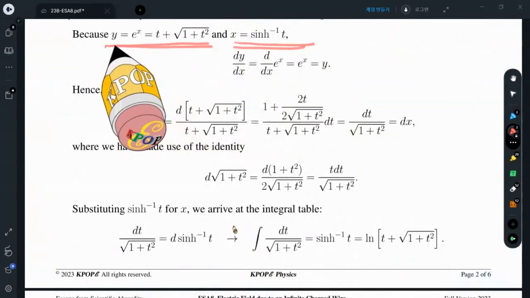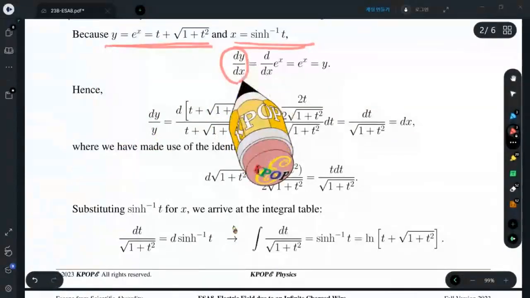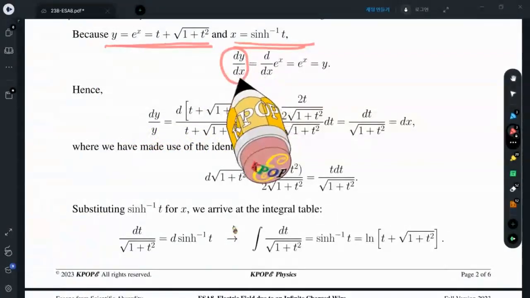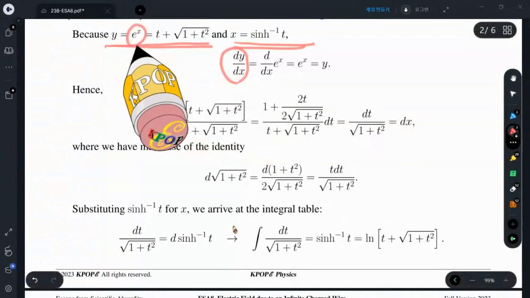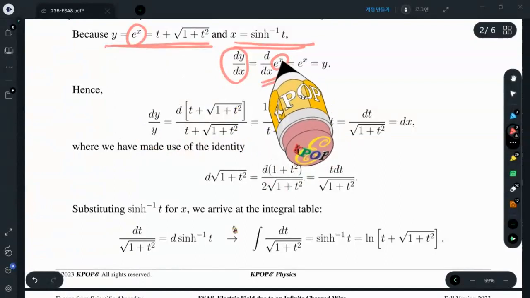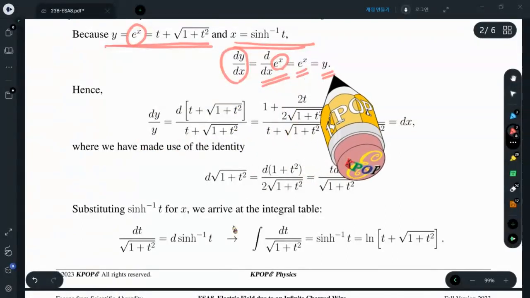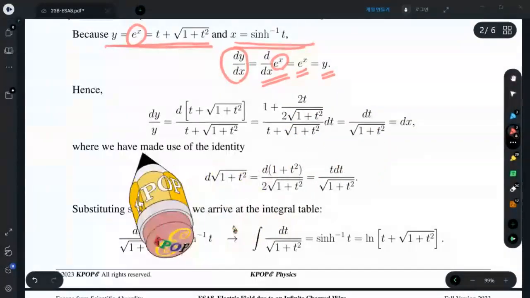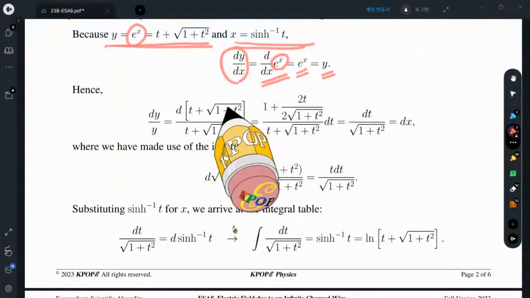Why don't we take the derivative? If I take the derivative of y with respect to x, because y equals the exponential function, and we know the derivative of the exponential function is itself, therefore it is y. So we make a separation of variables.